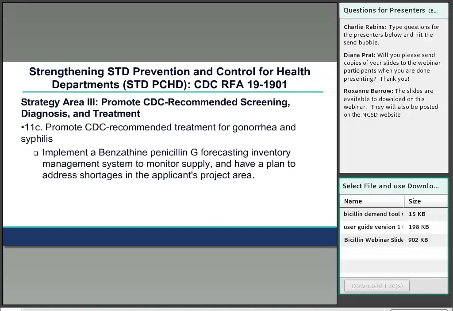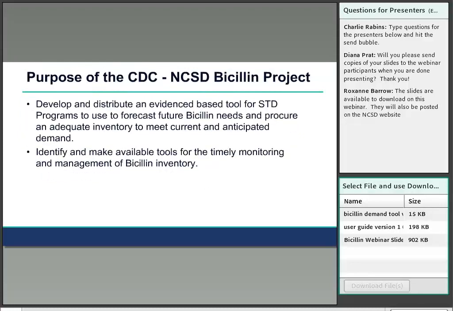So hopefully some of the information we'll be providing you today will help you as you either write your application or, in the future, get prepared to monitor or forecast your needs.